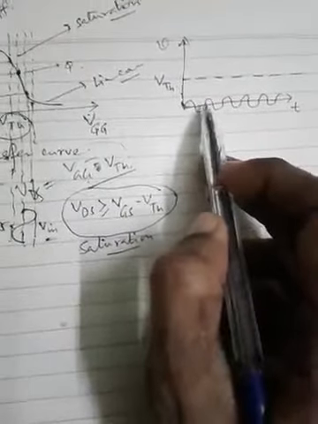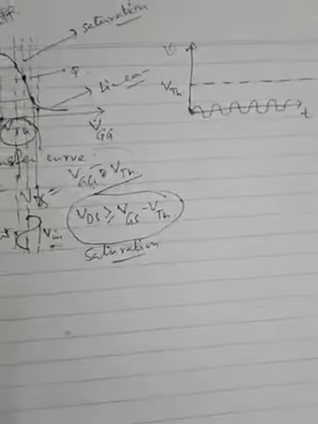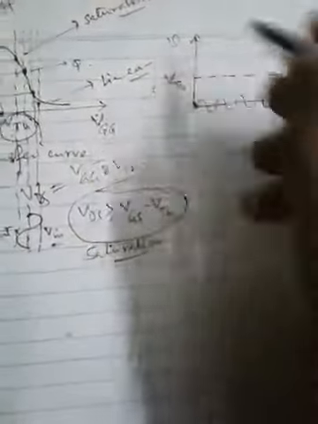Now if we set our DC operating condition equal to this threshold voltage, this is the region where the device is cut off, so this corresponds to the leftmost region of the transfer characteristic curve, which is the cutoff region.